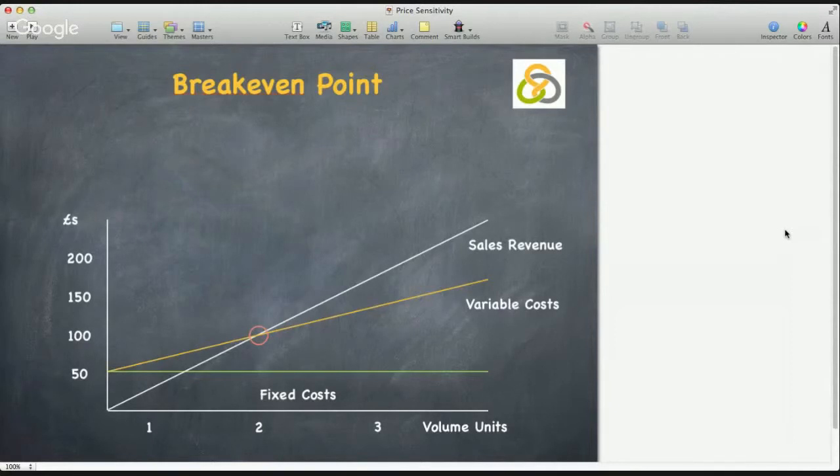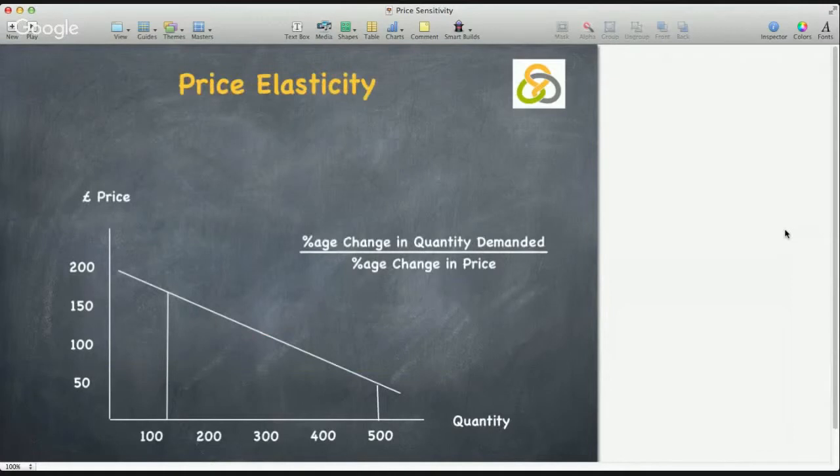Most customers in most marketplaces are sensitive to the price of a product or service. And the assumption is that more people will buy the product or service if it is cheaper, and less will buy if it is more expensive. But the phenomenon is more quantifiable than that.